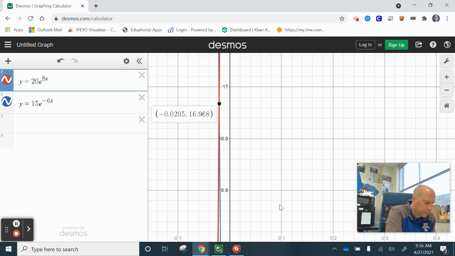So the point of intersection is negative 0.02, comma 16.97.